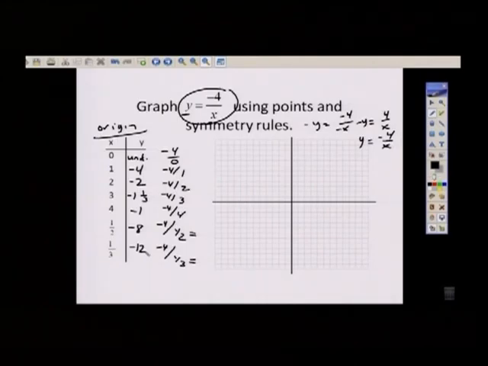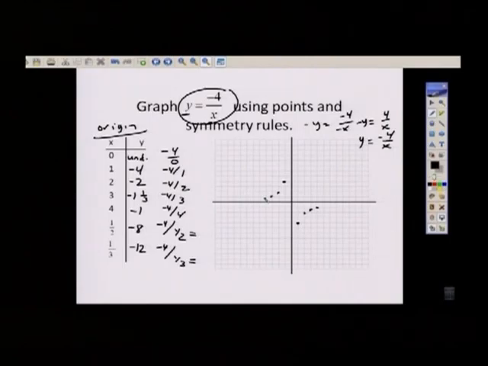So if I graph this, 1, negative 4 is there. Since it's symmetric with the origin, that tells me negative 1, positive 4 will also work. And 2, negative 2, but also negative 2, positive 2. 3, negative 1 1/3 will map to negative 3, positive 1 1/3. 4, negative 1, and negative 4, positive 1.